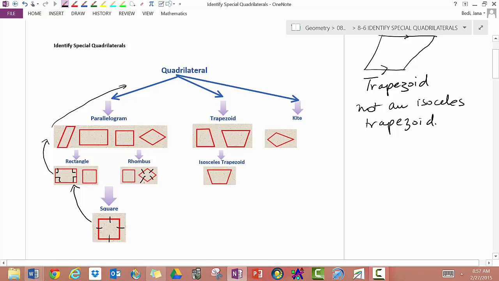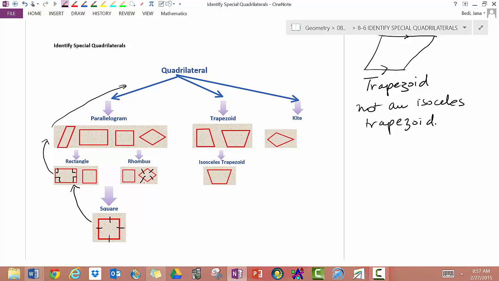A rectangle can never be a rhombus, and it can never be an isosceles trapezoid. They are mutually exclusive. A parallelogram cannot be a trapezoid, and it cannot be a kite. Mutually exclusive.